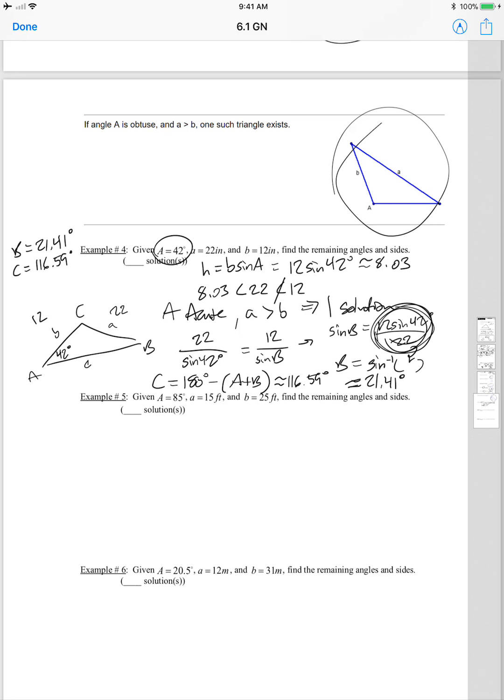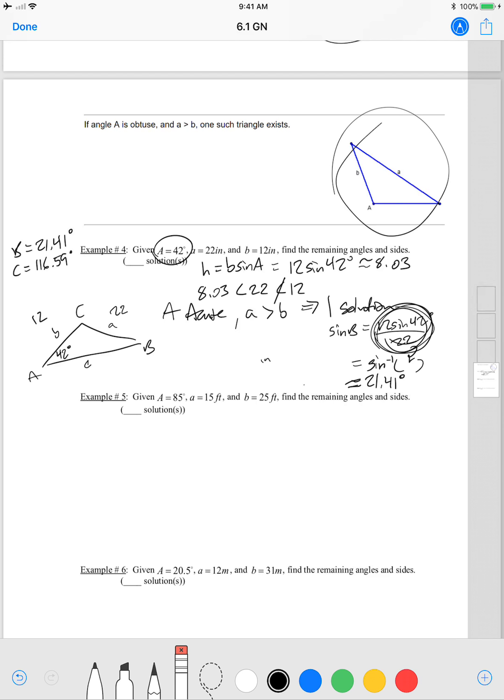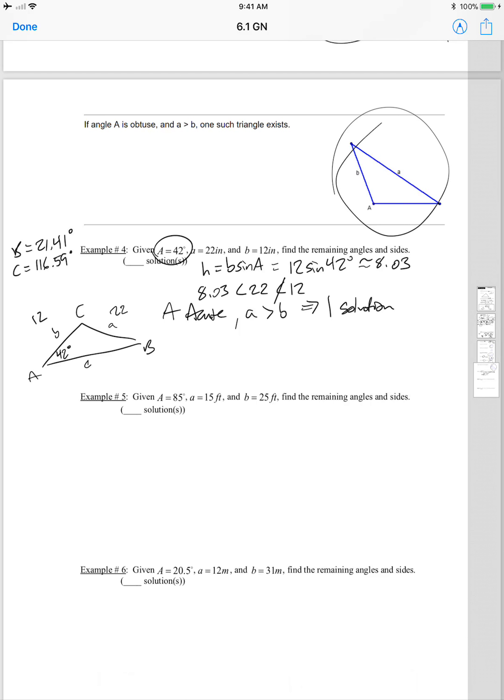Side length C, I'm kind of out of room here, so I'm going to erase some of my work. Side length C over the sine of angle C, so 116.59 degrees, equals, we'll do A over the sine of A. So C equals 22 times the sine of 116.59 degrees over the sine of 42 degrees.